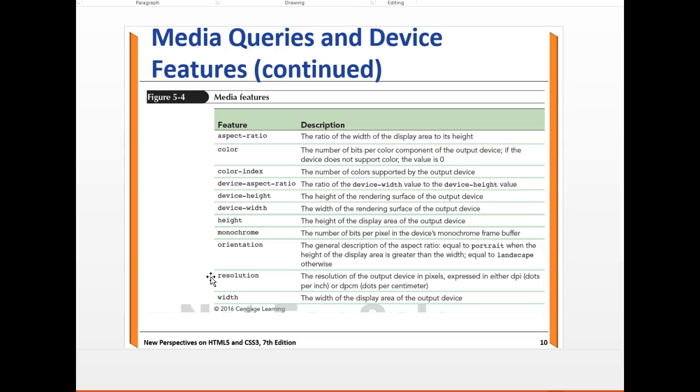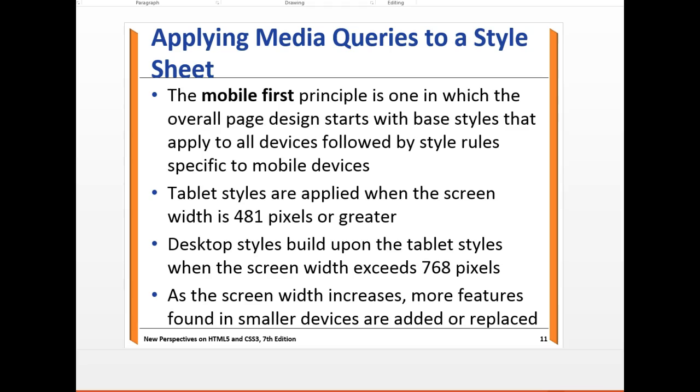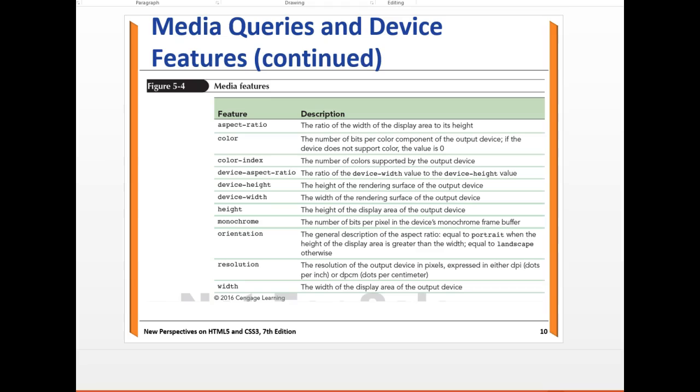So min provides a minimum value for the specific feature, and max provides the feature's maximum value. For example, you can put a maximum width of 700 pixels, or a minimum width of 200 pixels or something like that.